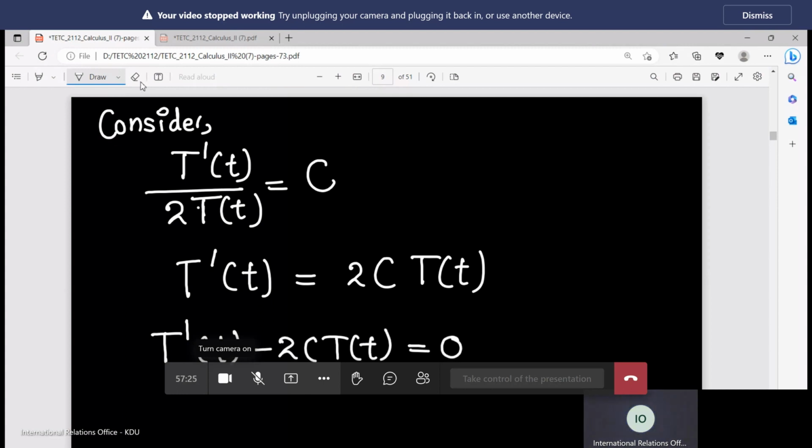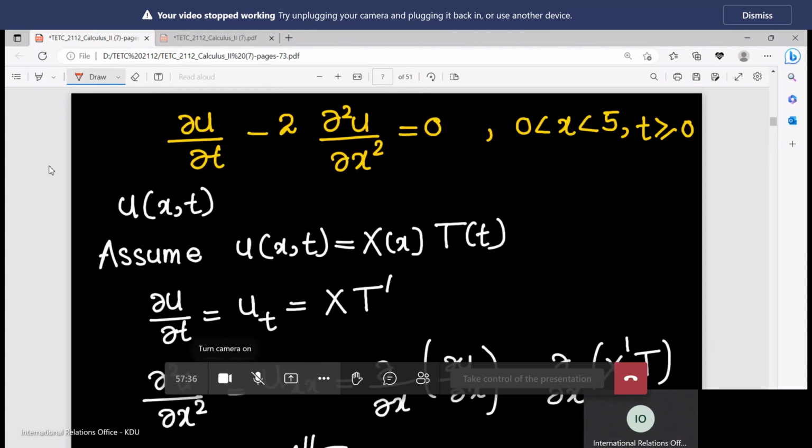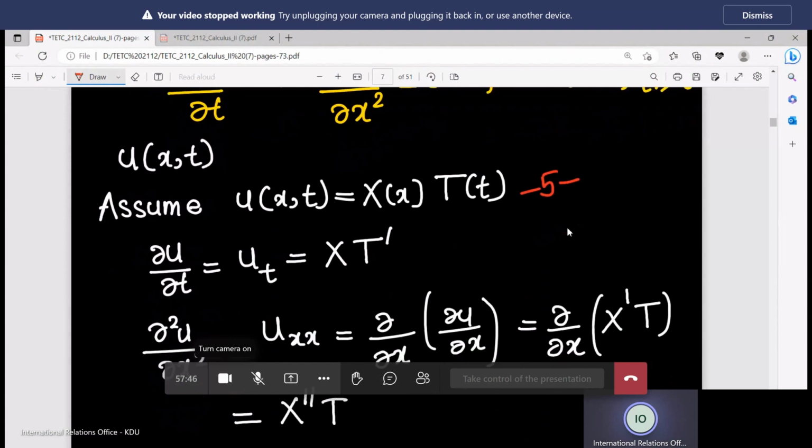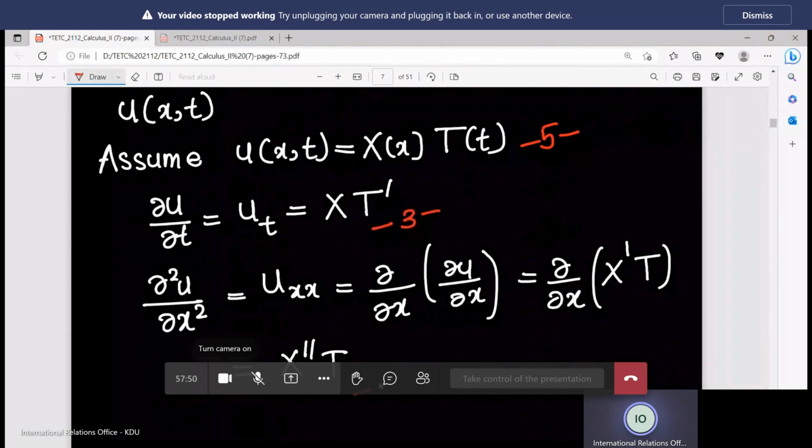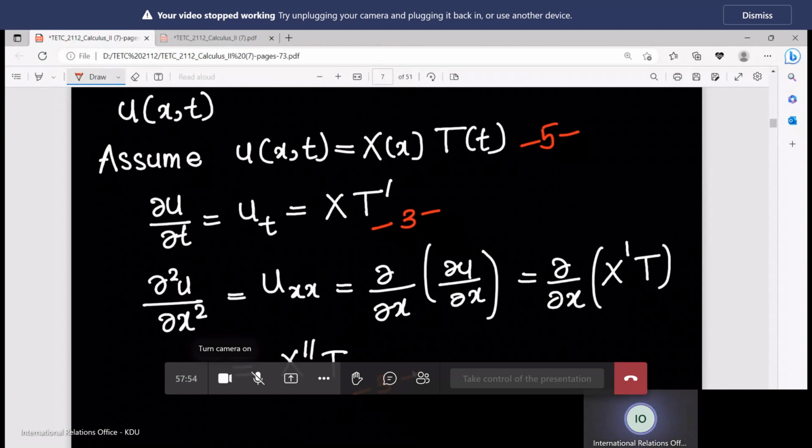So the marks distribution. මේකට ලකුණු බෙදෙන විදිහ. As I mentioned earlier, for the first part, there are 20 marks out of 100. For this assumption, you will get 5 marks. And for obtaining these two expressions, for each case, there are 3 marks.